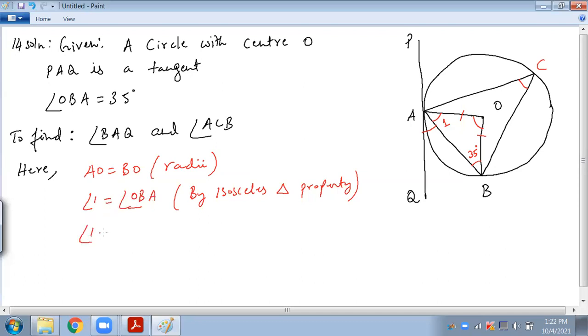Now we put the value of OBA, which is given, so angle 1 is equal to 35. Now, after finding 1, we can find angle O. Why? In triangle AOB, we know two angles, so we can find the third angle by the angle sum property of a triangle. Before finding angle O, I need some space, so I'll erase the first part.